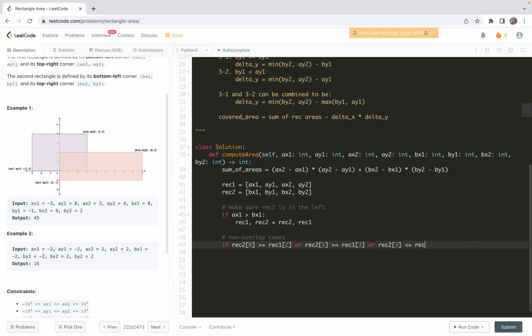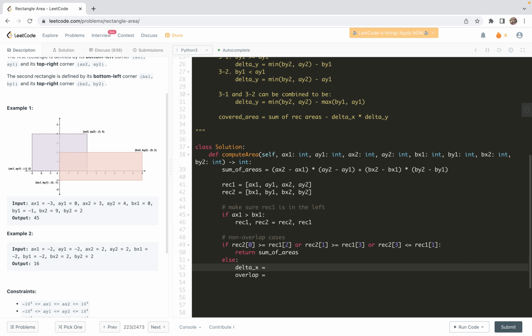Or rec2 is above, so it's greater than or equal to rec1's larger y coordinate. Or rec2 is below, that is rec2 index 3 is less than or equal to rec1 index 1. In these cases there's no overlap, so we just return the sum of areas. All the other cases will have overlap.